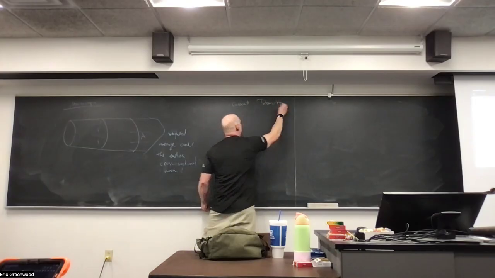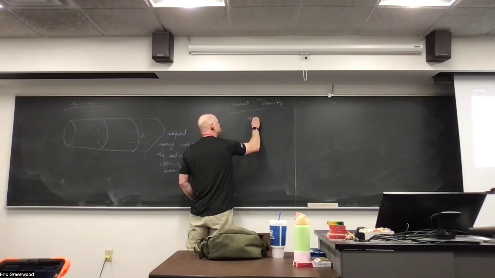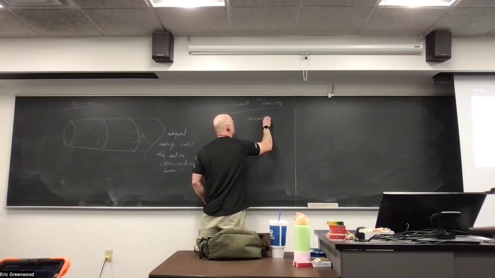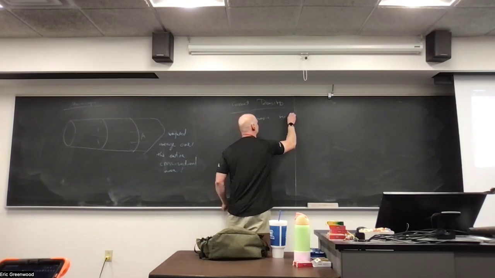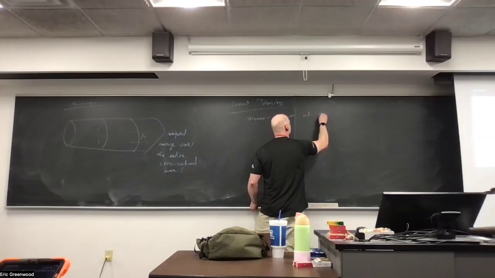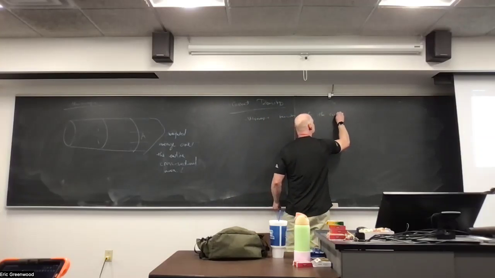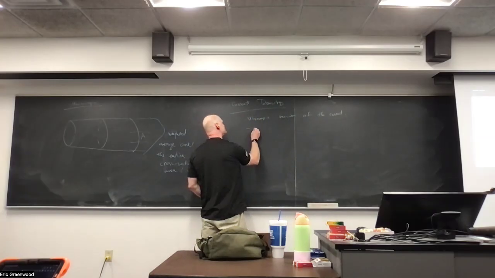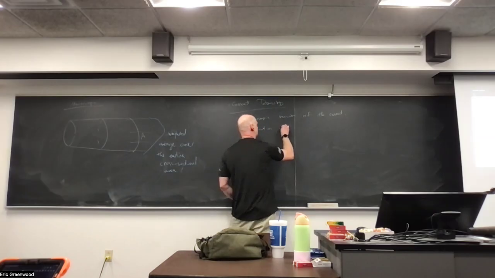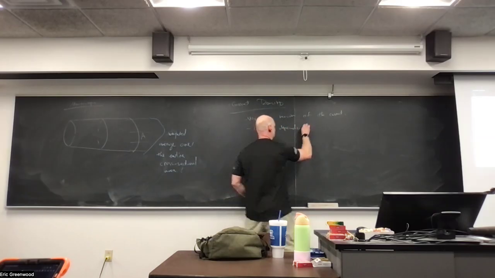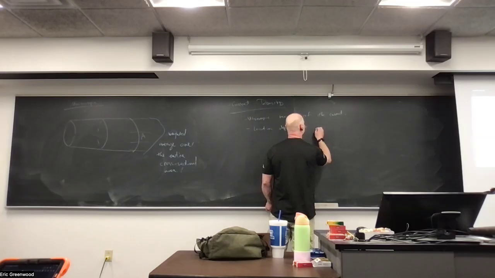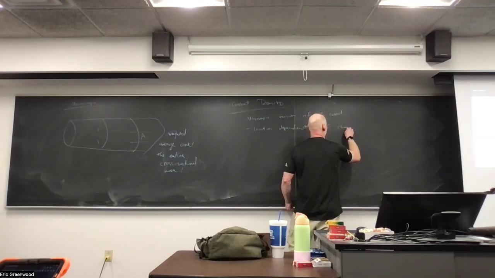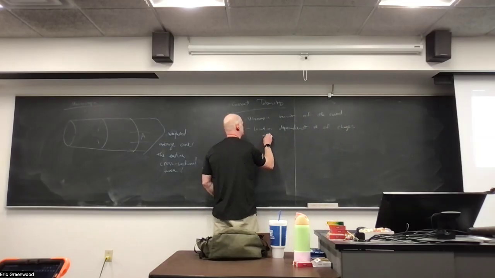The current density is the microscopic version of the currents. This is going to tell us what is actually happening inside of the wire. So this will give us our location dependence of the number of charges moving through the wire.